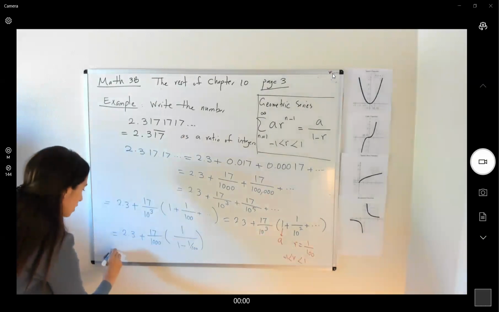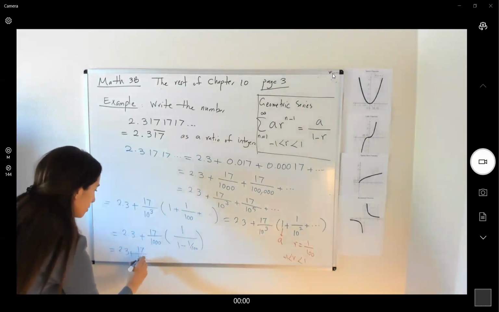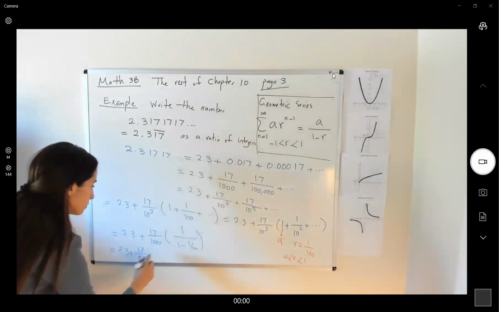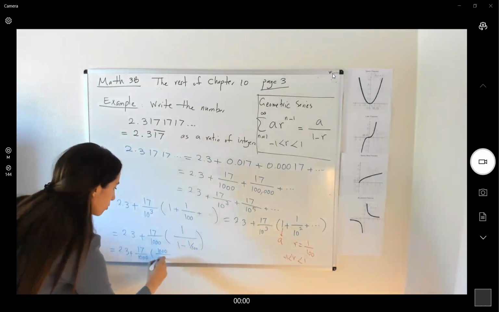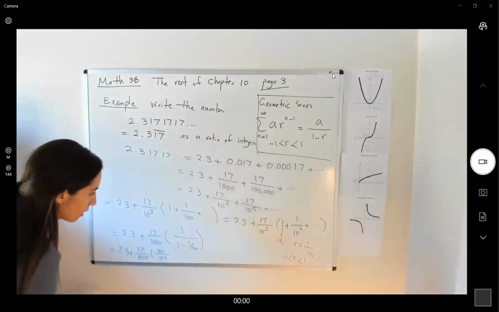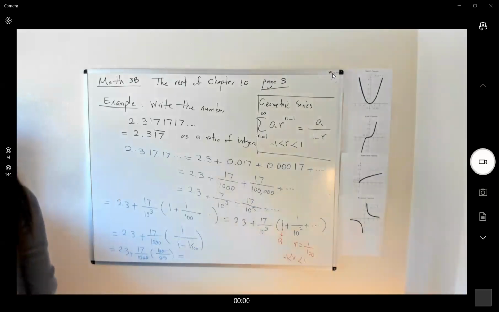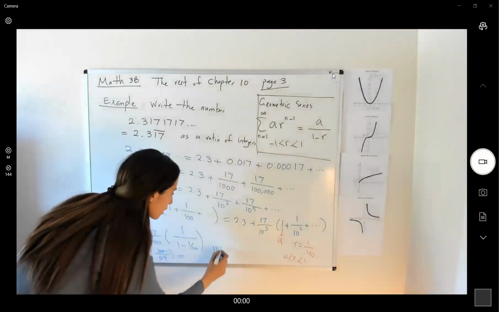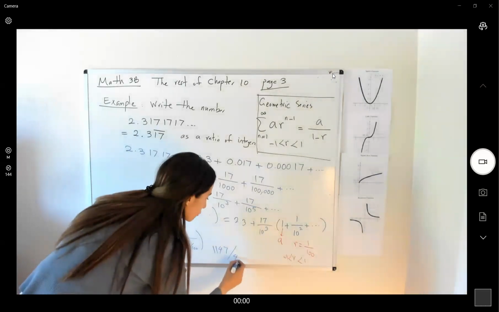We have 2.3 plus 17 divided by 1,000 times 100 over 99. You can cancel out the zeros, and if you simplify, this is 1147 divided by 495.